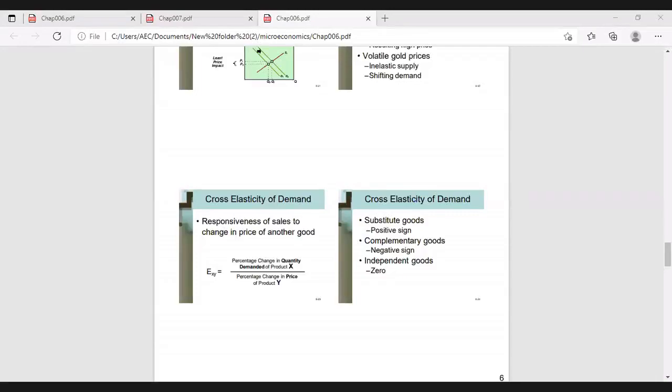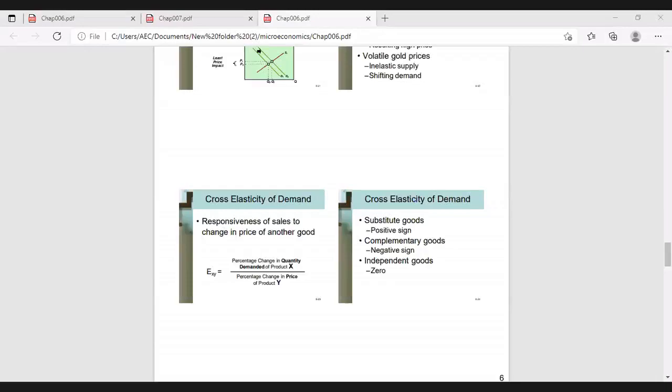Whether substitutes or complementary goods, if the cross price elasticity is a larger value, they are very strong substitutes or very strong complements. If the coefficient is a lower value, then the two commodities are weak substitutes or weak complements.